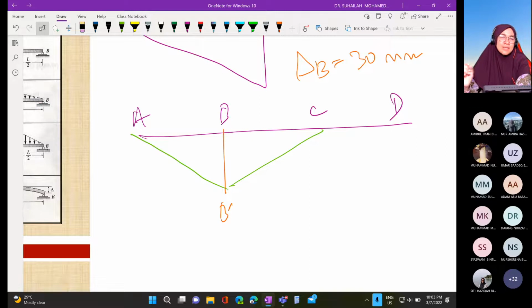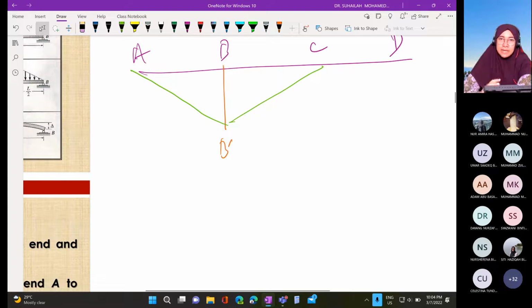Support B is settled. So we have the diagram like this. So AB and BC will have fixed end moment. CD tak bergerak lah, remain the same. So we will have to calculate FEM for AB and FEM for BC.